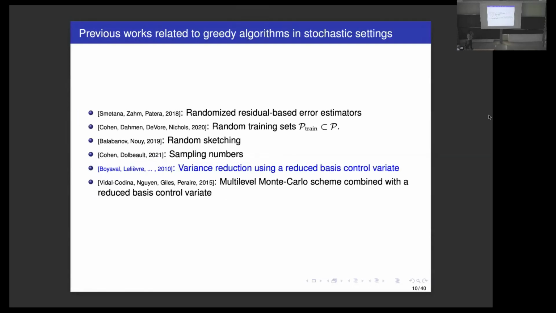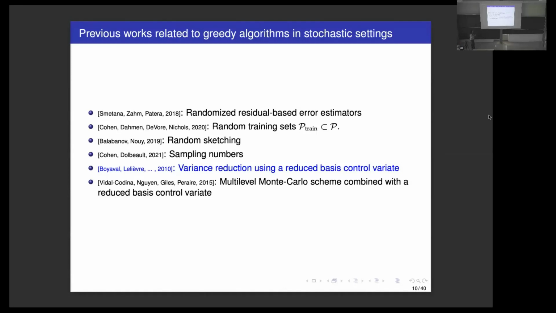First of all, I would like to mention a few works about the study of greedy algorithms in various stochastic settings. The list is far from being exhaustive. Don't hesitate to come and see me if you see that I didn't mention your own work on this topic. There are definitely things I haven't mentioned here. But I would just like to put a few highlights. For instance, there has been work by Catherine Smetana, Olivier Zahm, and Anthony Patera on the use of randomized residual-based error estimators in the case of reduced basis methods.